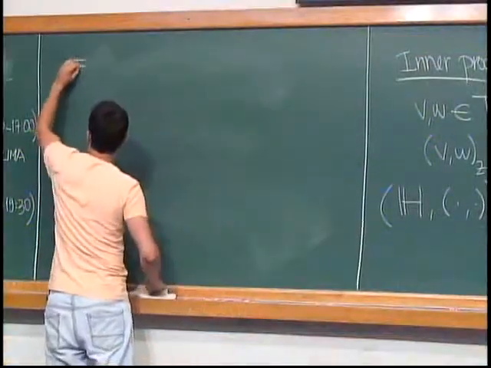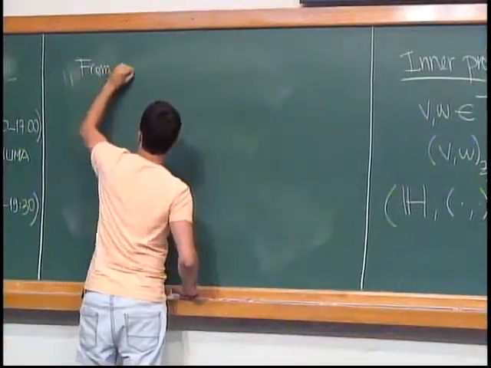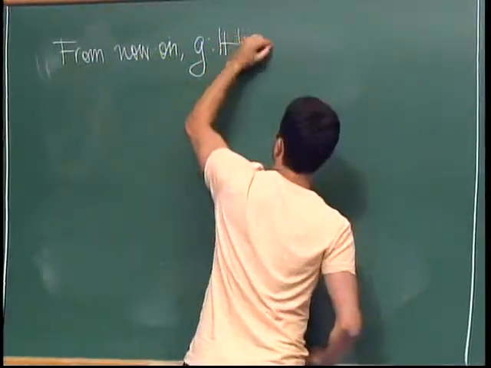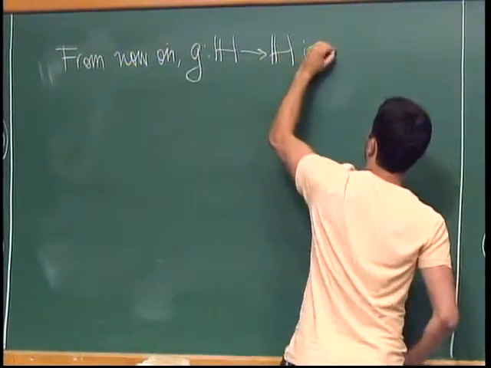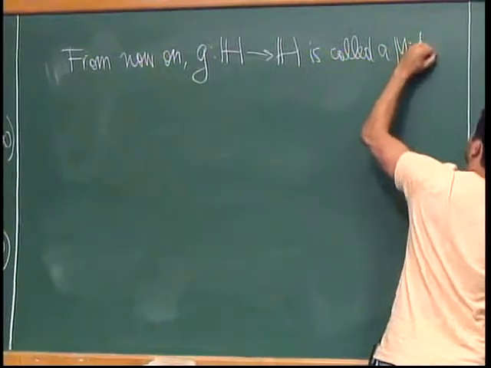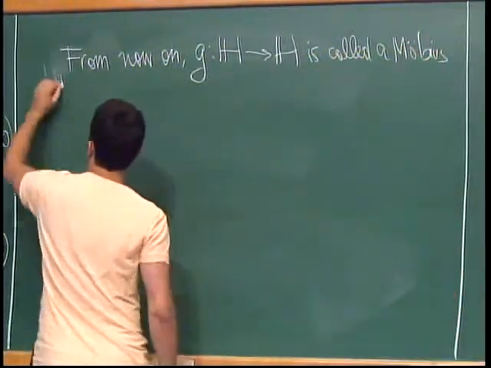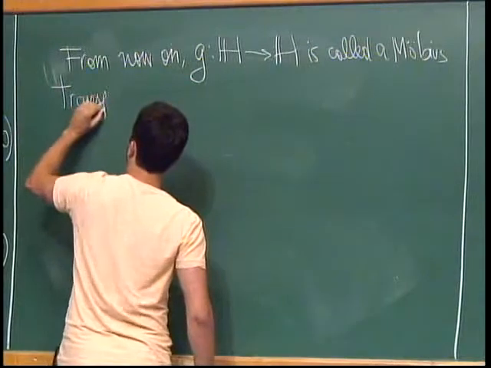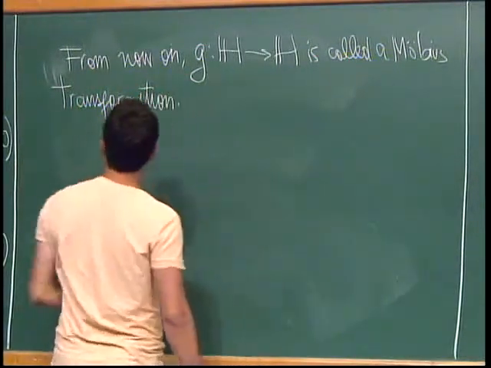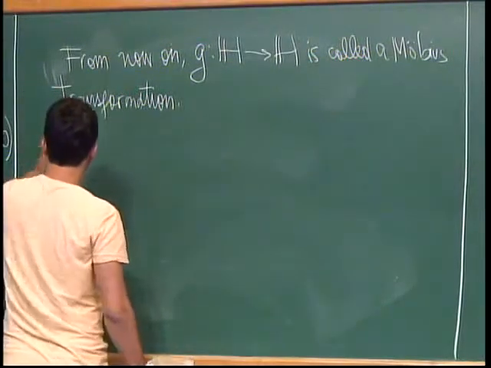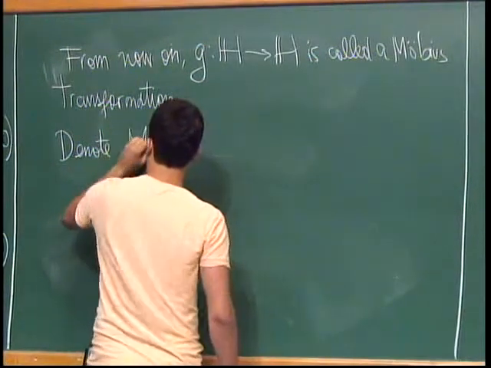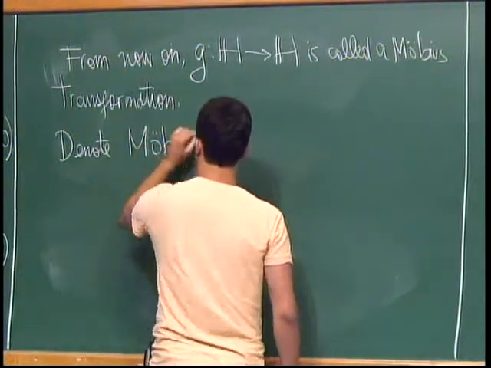So from now on, G from H to H is called a Möbius transformation. Okay, and let's denote this set of Möbius transformations by Möbius.